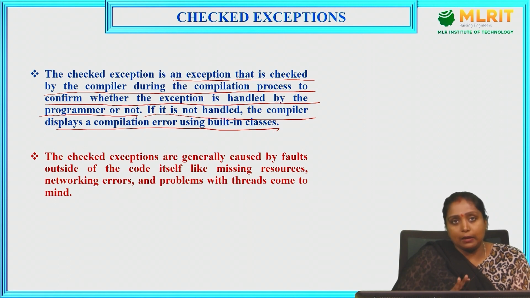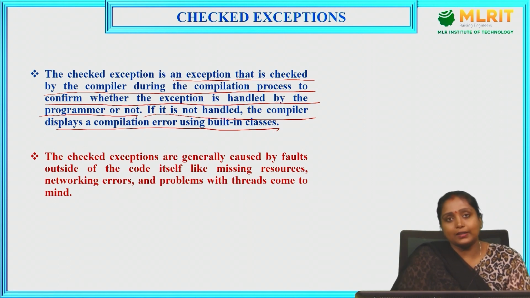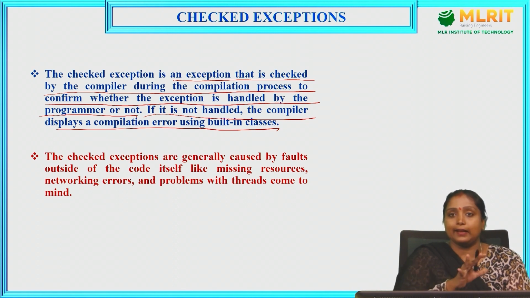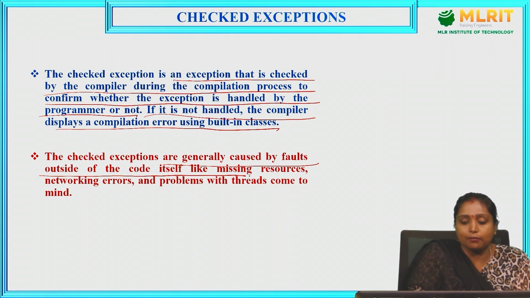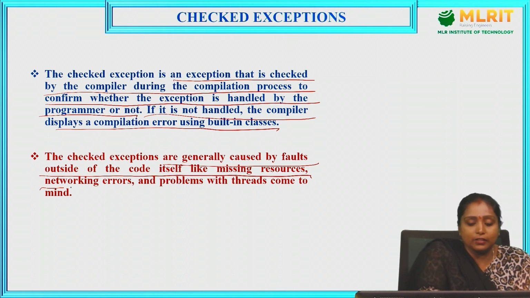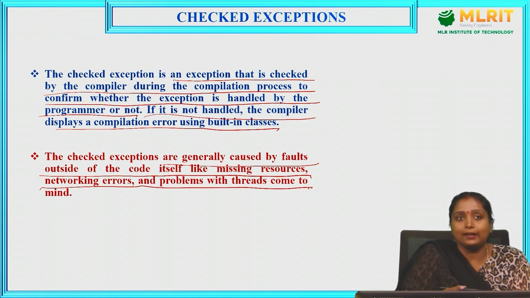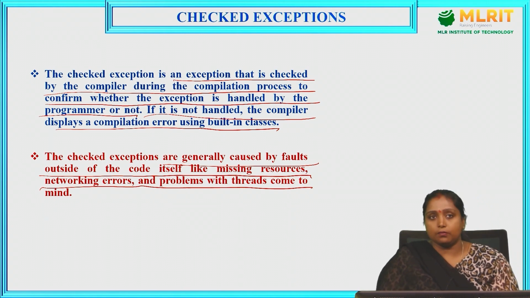So at compile time, it will check whether the developer is handling a particular exception. If the program is not handling exceptions, it will directly give you compilation errors. The checked exceptions are generally caused by faults outside of the code itself, such as missing resources, networking errors, or problems with threads. These are the commonly found exceptions.